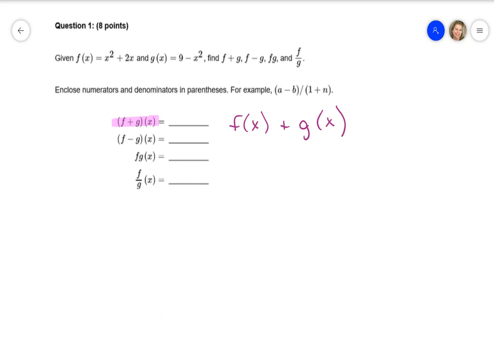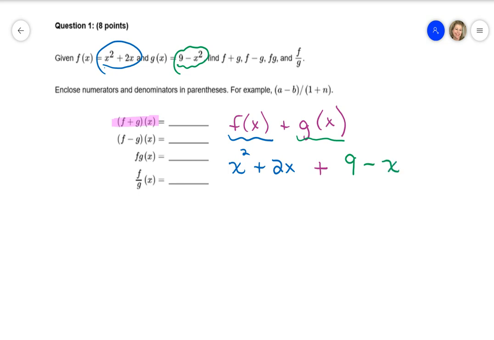And f of x was x squared plus 2x. And then we're going to add that to g of x, which was 9 minus x squared. Now, I didn't bother putting these in parentheses because we were simply adding the two things together.